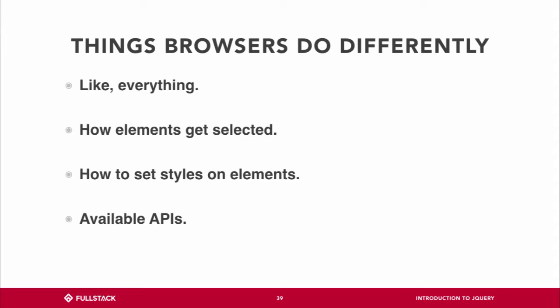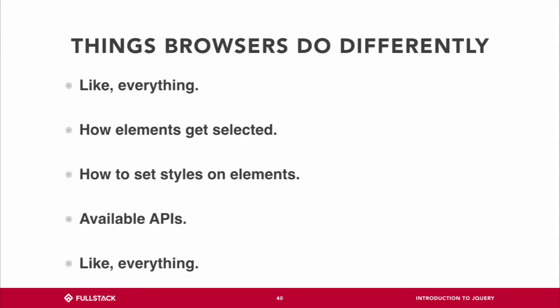And the other thing is that different browsers actually have what would be called different APIs in terms of what is actually supported by different browsers. There are a lot of newer APIs out there, things like local storage or Canvas, and those things might not be standardized across browsers.